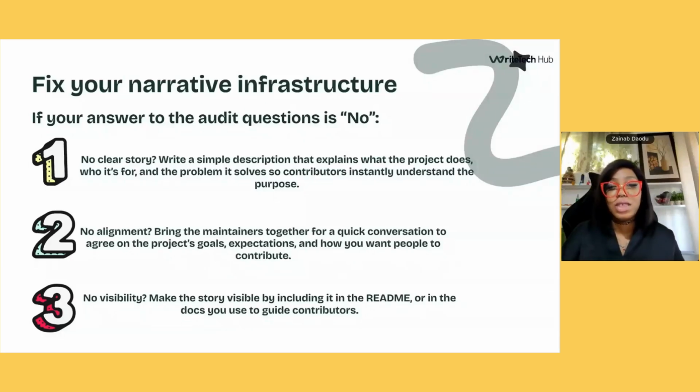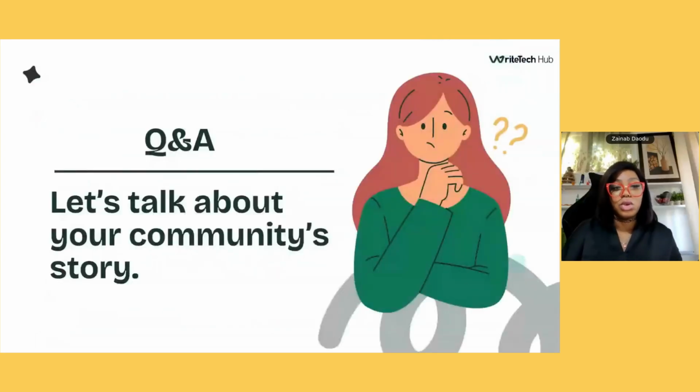And if there's no visibility, make the story easy to find. Is it structured properly? Are you cross-linking where you need to cross-link? So that contributors do not have to hunt for context when contributing to your project. By doing these three things, you can fix common mistakes and barriers to building a healthy, growing open source community.